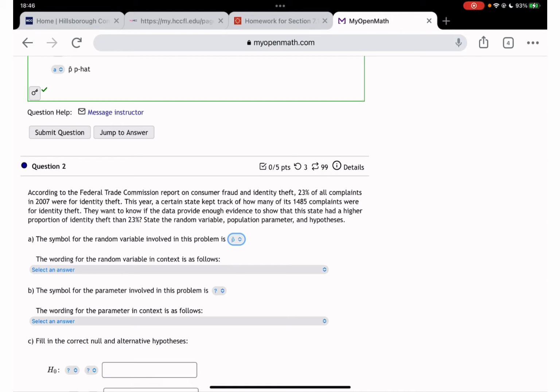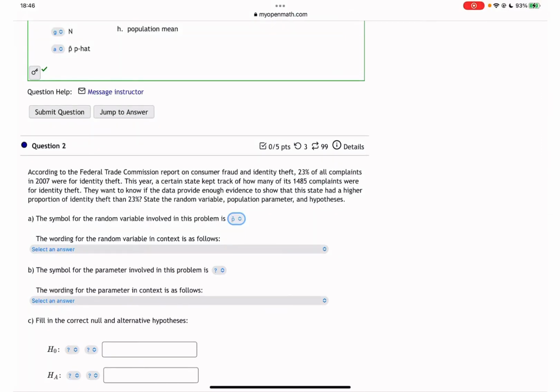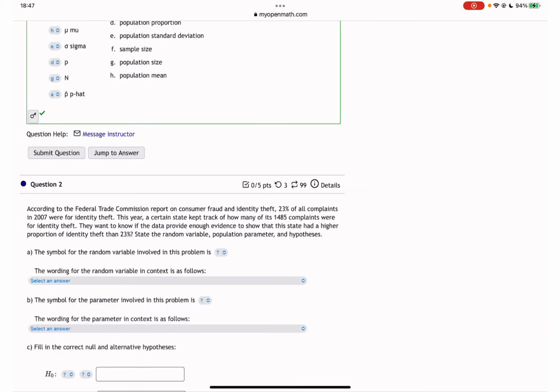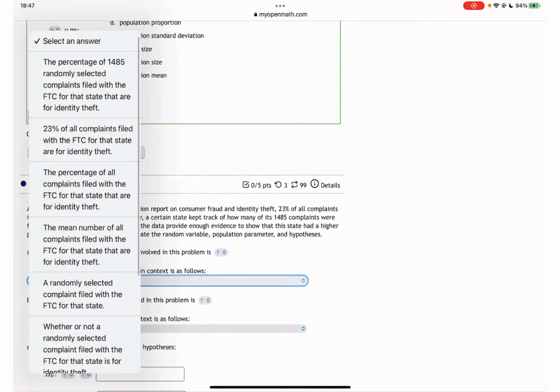Next, second question, the wording for the random variable in context is as follows. So it's going to be the percentage of 1,485 randomly selected complaints filed with FTC for that state that are for identity theft.